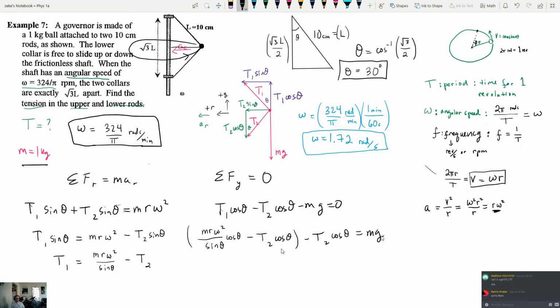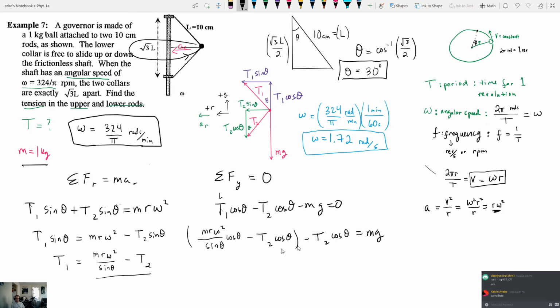I added the mg to the right-hand side, and I plugged in this expression for t1 here. It's multiplied by cosine theta, so I also distributed a cosine theta through. So we'll have cosine theta times the first term, and cosine theta times this. You'll get negative t2 cos theta, so you get two of those.